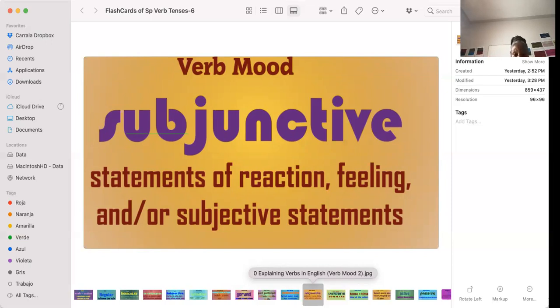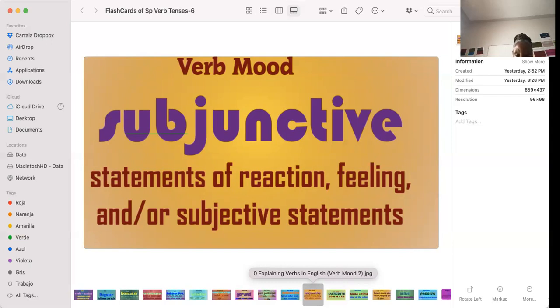So the verb changes. I have a desire, and it's not a desire for me, which would be a statement of fact, but a desire for someone else. Que aprendan español mis hijos.